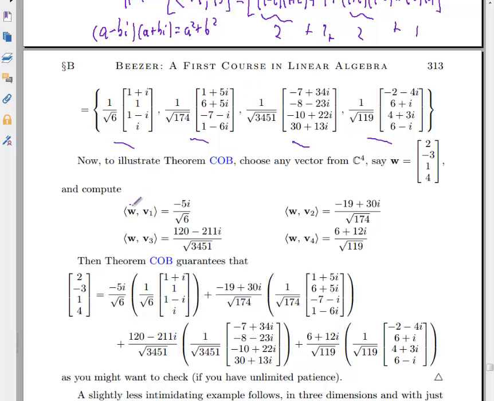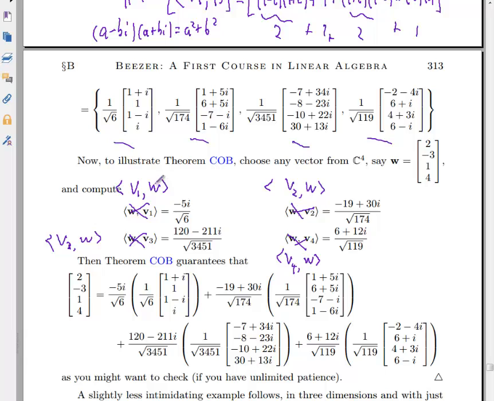Now, unfortunately, this is backwards. It should be V1 with W. This should be V2 with W. This one should be V4 with W. And this one should be V3 with W. All right, so you have these four inner products.